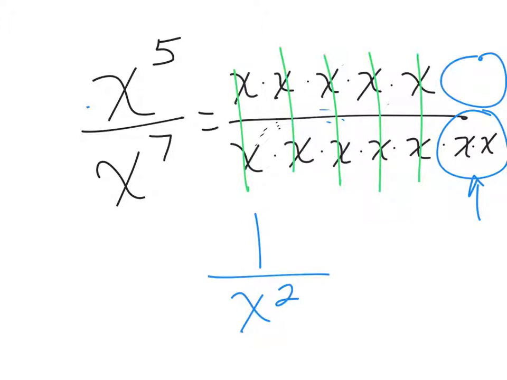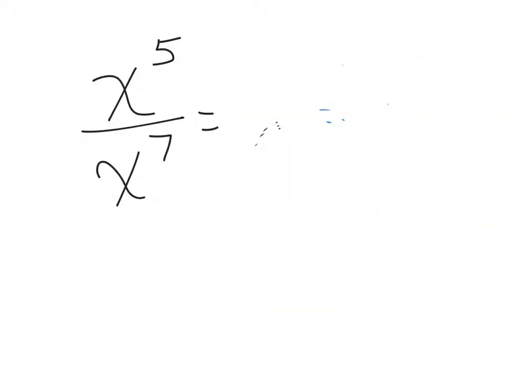So that's how that works, and that's why we would take that a step further, because we never want to have a negative exponent. So something to keep in mind as you're going through that quotient rule. The quotient rule is what we just looked at, that when you're dividing the same base with 2 different exponents, you would just subtract, but sometimes when you subtract, you might end up with a negative exponent, so keep that in mind. You want to take that a step further.